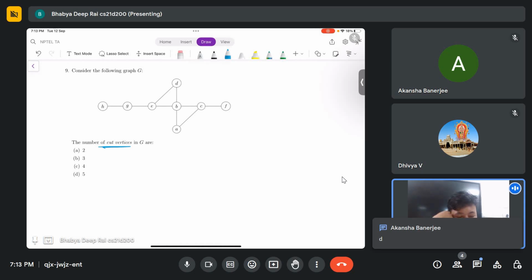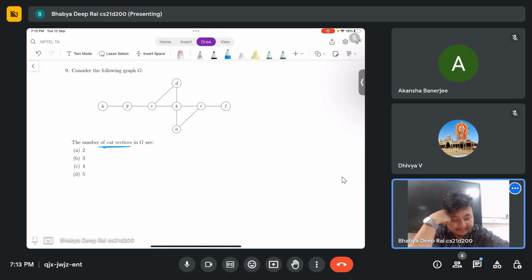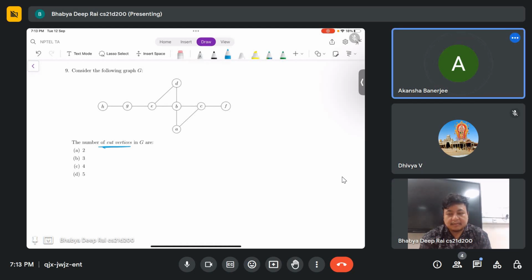Okay, Akansha, D is what? D is 5. Okay. Let's see. So Akanksha, can you name those vertices? Sir, H, okay. G, okay.